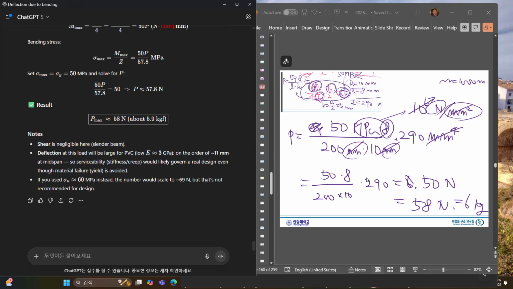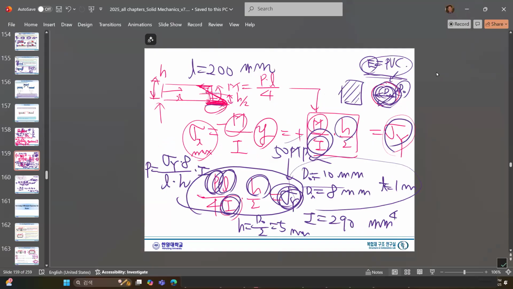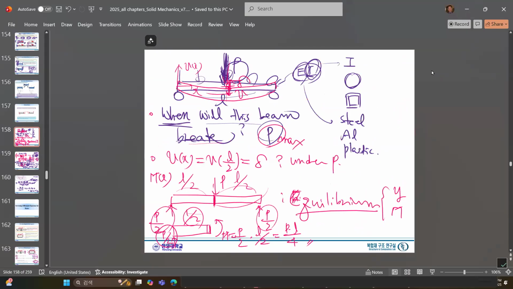Deflection, okay. Now, what does deflection mean? See here, the pen, we don't know how much this deflection will be. Delta. See delta here, we don't know. That's the one we'd like to learn: how much it deforms when it breaks.